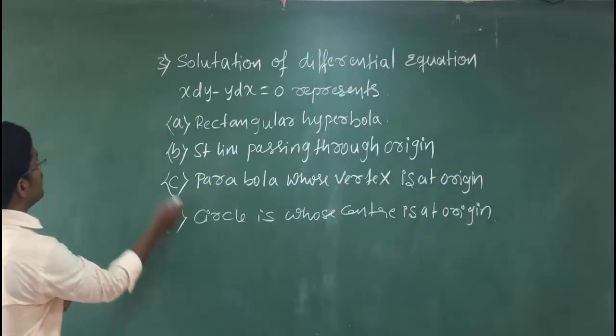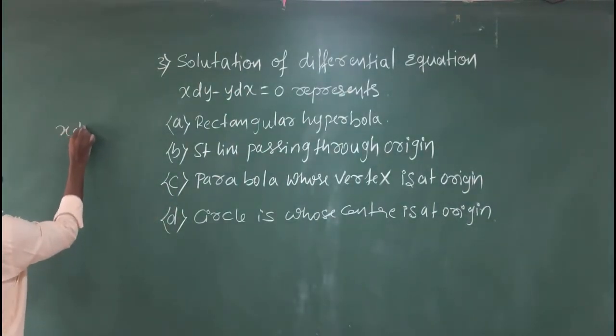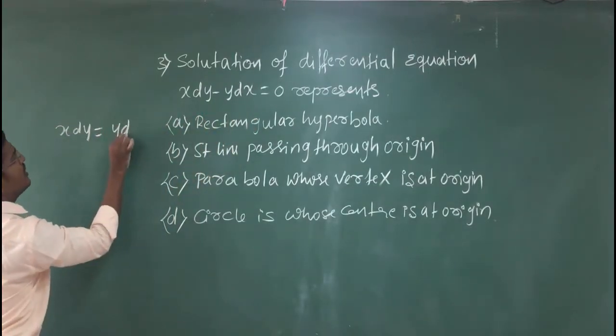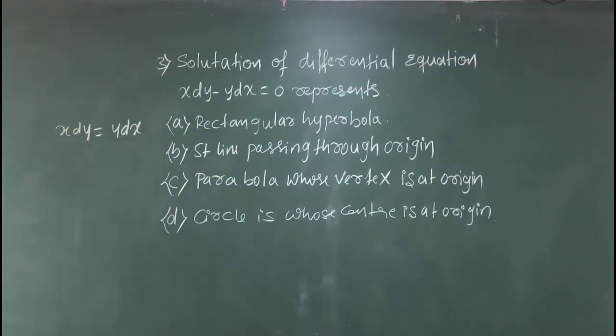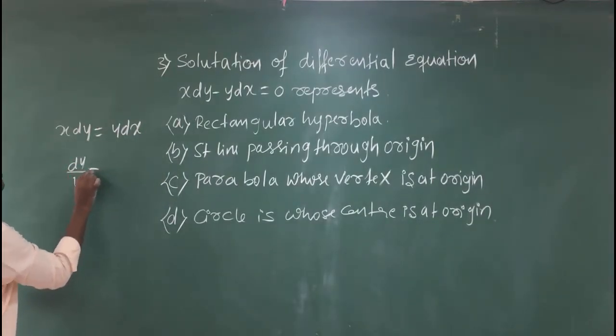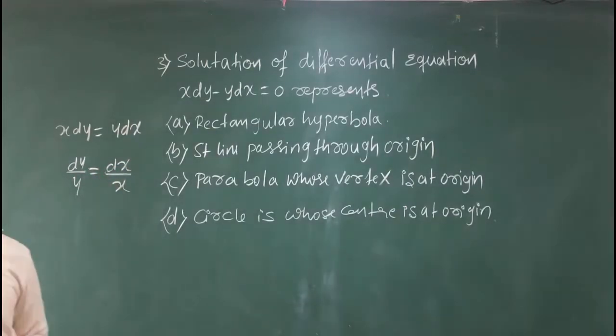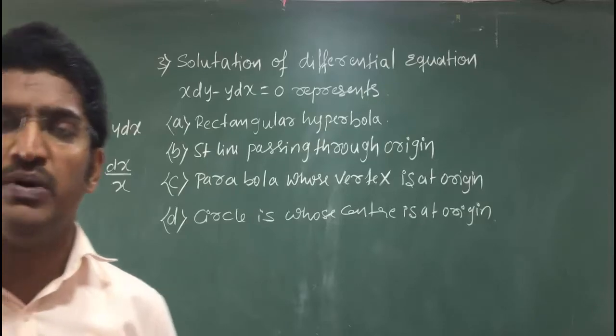Okay, here x dy equal to, if I take it on that side, it will be y dx. I can write like this. So now you can separate the variables. If I separate the variables, dy by y equal to dx by x. Clear? So now you have separated the variables.